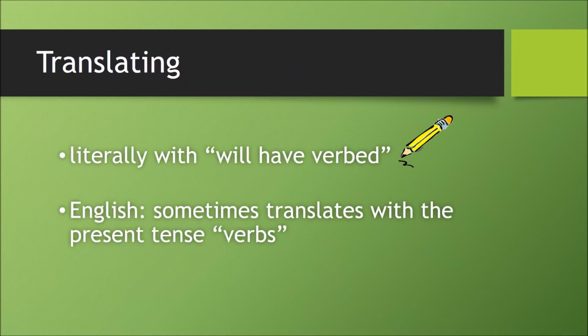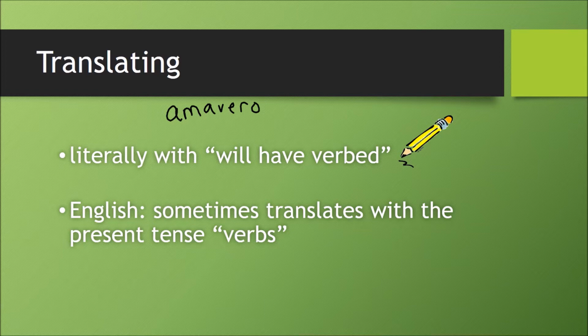When we translate the future perfect, we literally translate this verb with will have verbed. So all of those forms of amo in the future perfect would be translated as will have verbed. Amavero, I will have loved. Amaveris, you will have loved, etc.